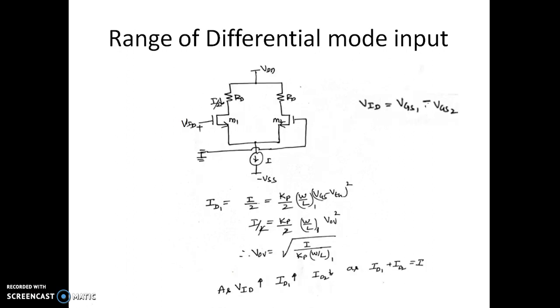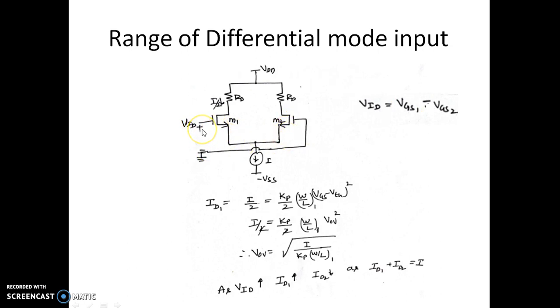Similarly, we can find the range of differential input voltage that can be applied. As we can see now, this input is grounded and the other input is applied with VID. So as per the equation, we can write VID, that is the applied voltage, as nothing but VGS1 minus VGS2.